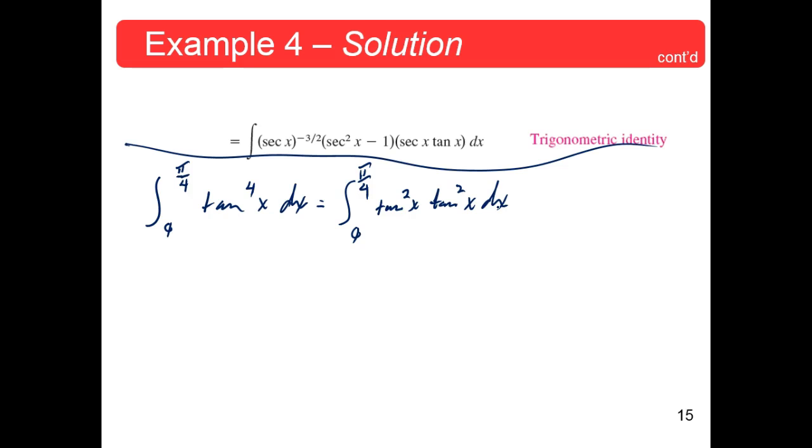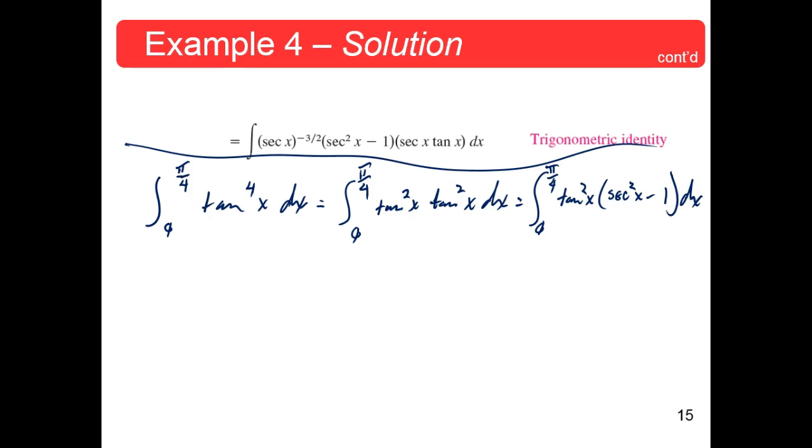That's pretty obvious, right? Do that as the integral from 0 to pi fourths. Now let's leave one of those tangents and make the other one secants. Leave the first one tangent squared x. The second one becomes secant squared x minus 1 dx. Now, has that helped us any?